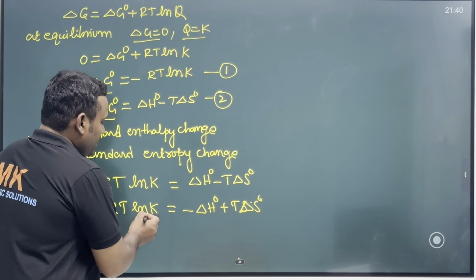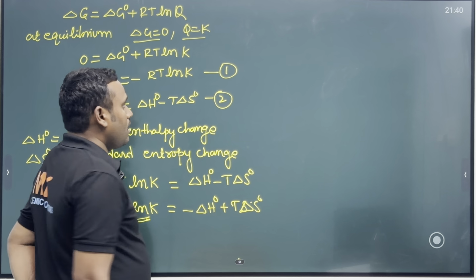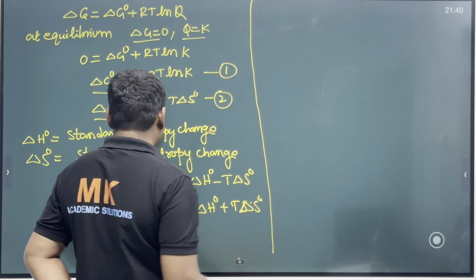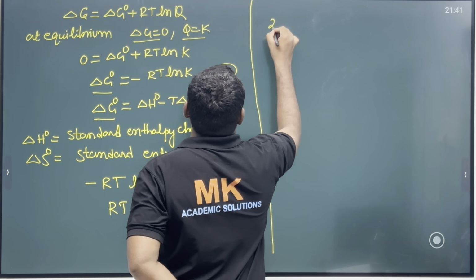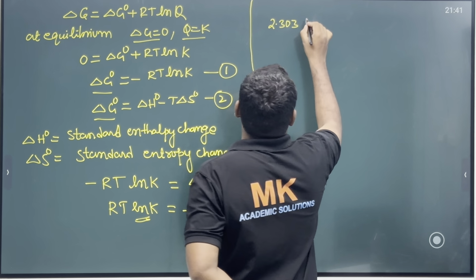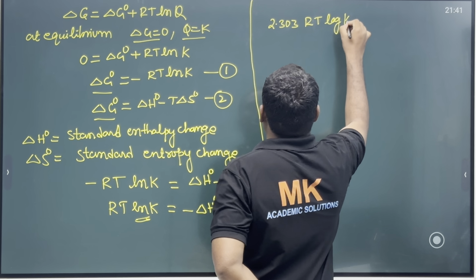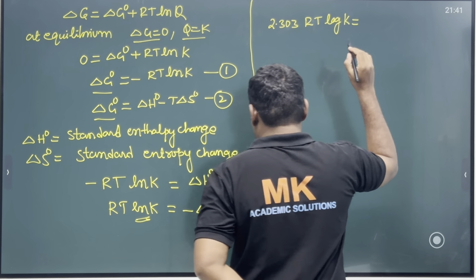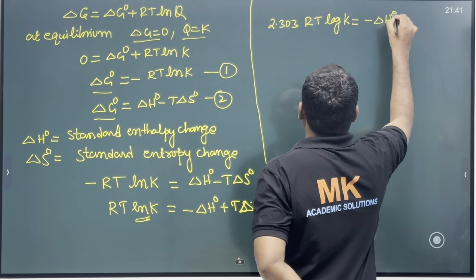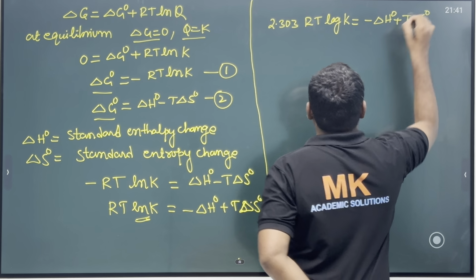Now here, instead of ln, I am going to write log base 10. When you write log base 10, you get 2.303 RT log K equal to minus delta H naught plus T delta S naught.